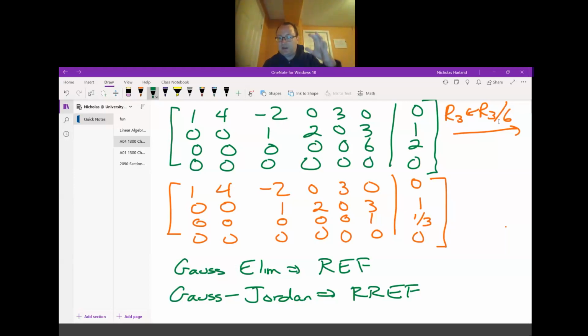Now, I did get a message from a couple people after class, but also a couple emails from people who did this before we started talking about it, which is great, and got a different row echelon form. I want to make sure that it's known that different matrices can have different row echelon forms. So you might have gotten a different row echelon form than what we did because you did slightly different steps.